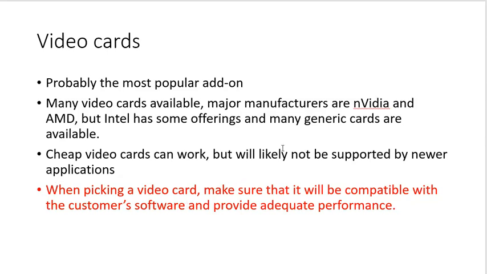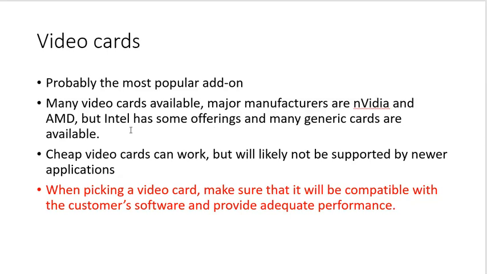Okay, now video cards. Video cards are very, very popular as an add-on because if you want to play games, then just using the onboard video that comes with your processor is most likely not going to be very satisfactory. NVIDIA and AMD and Intel, those are really your big three video card manufacturers.